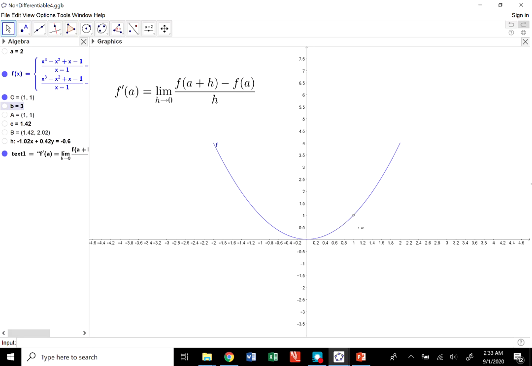A is 1 here. Why? Can you pause the video and think about it and tell me? My question is, this function, is it differentiable at this hole? And I'm expecting you to answer that based on this definition of a derivative at a point.